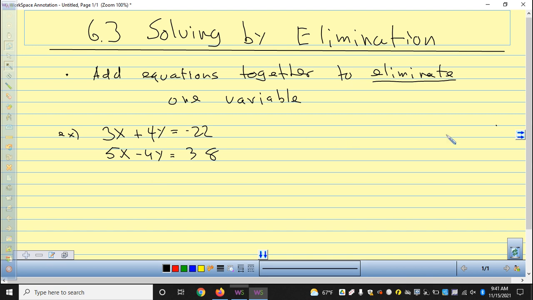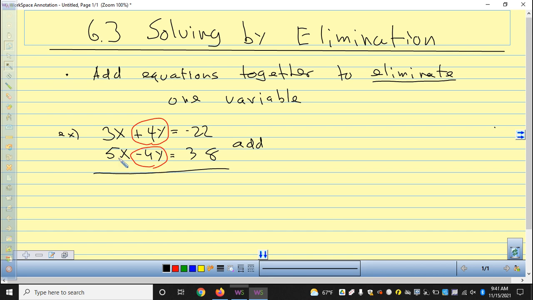But when I look at this equation, I see that I have a plus 4y here and a minus 4y there. What do I get when I add plus 4y and minus 4y? 0. So what I'm going to do is add these equations together.